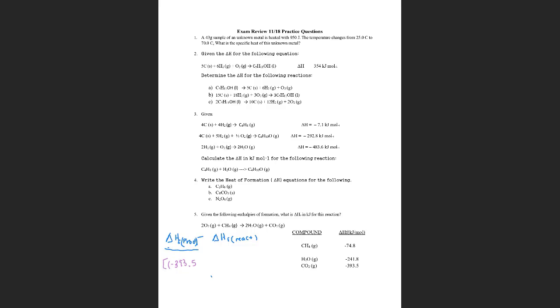Yeah, so it's negative 393.5. And we don't actually need to multiply it by 2 because CO2 doesn't have any coefficients on it. So for CO2, we're just multiplying by 1. So we can just leave it as is.